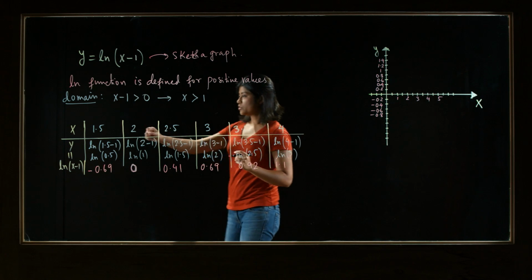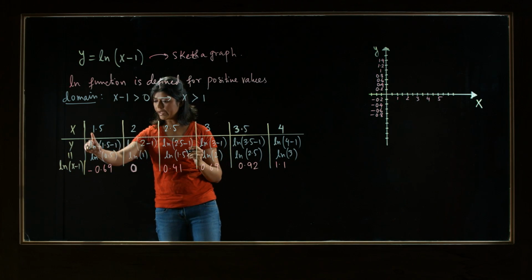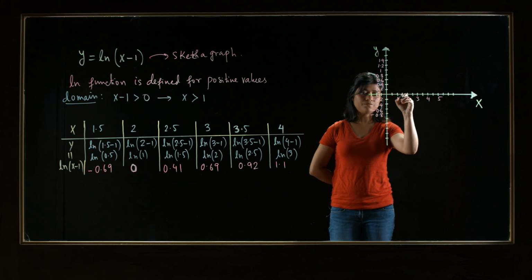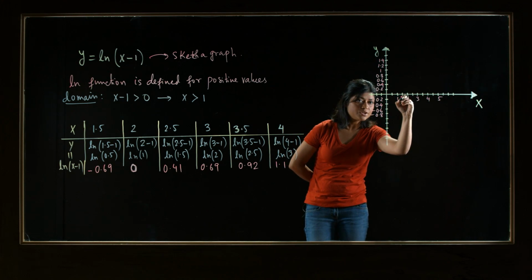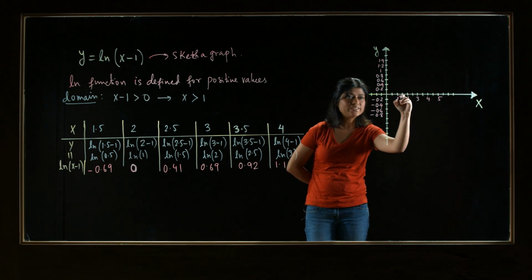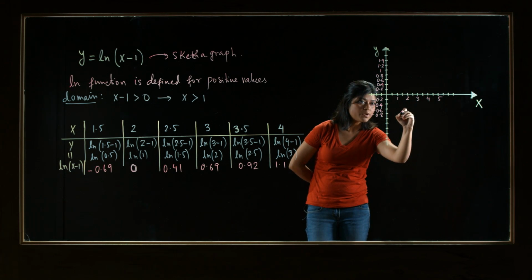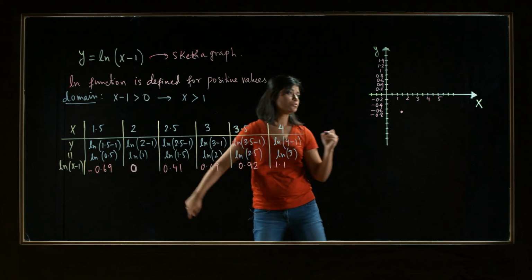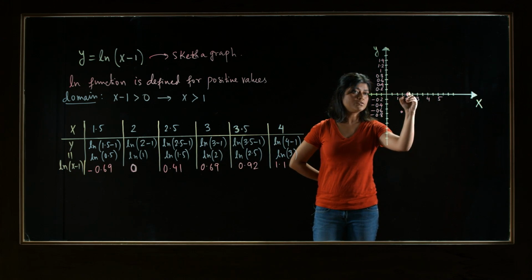Okay, so the first point is 1.5 and negative 0.69. So here we have 1.5, and we go to almost negative 0.7. So it's about here. At 2, we have 0.